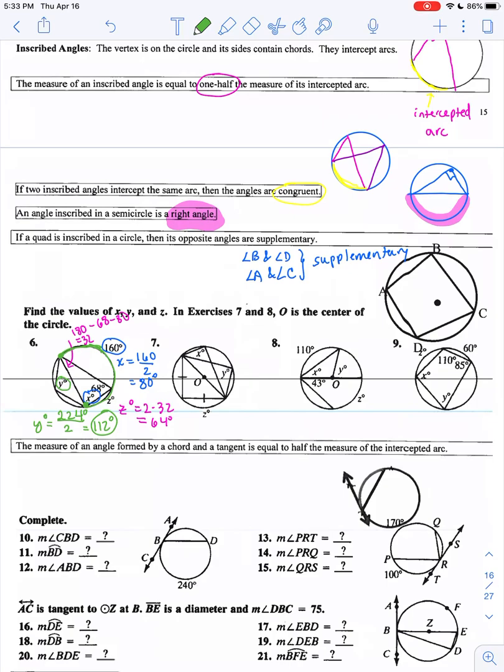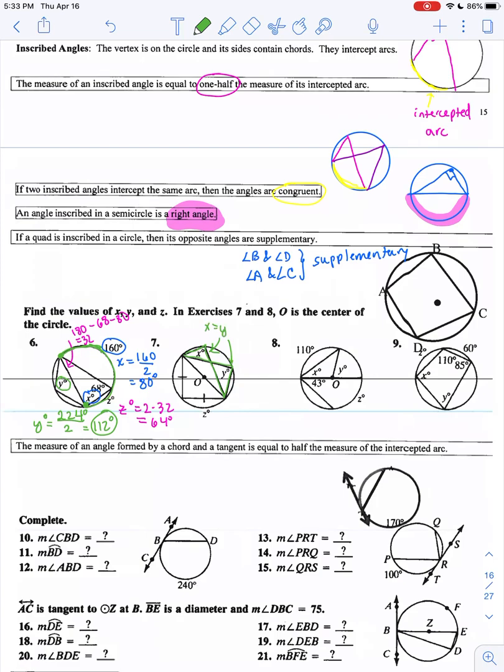Okay, on number 7, you see that you have an angle X and an angle Y, which intercepts a semicircle. So because it intercepts 180 degrees, we can make the conclusion that X and Y are right angles.